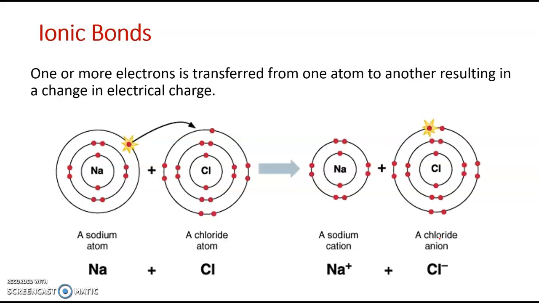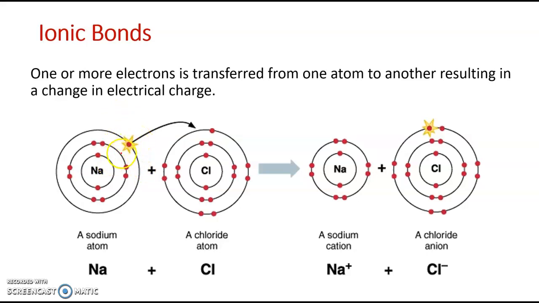So if we are looking at the atomic model of the elements of sodium and the element of chloride, we see that sodium has only 1 valence electron. Only 1 electron in its outer shell.